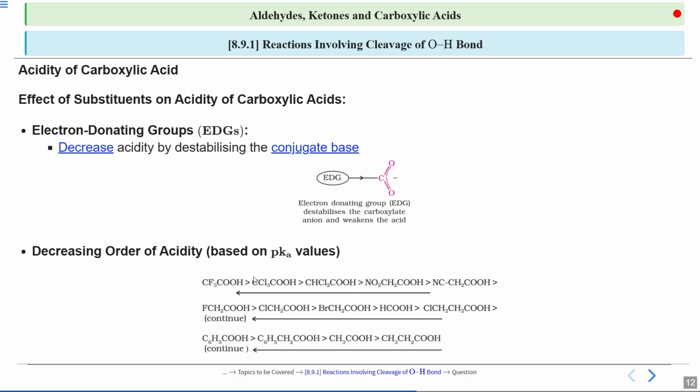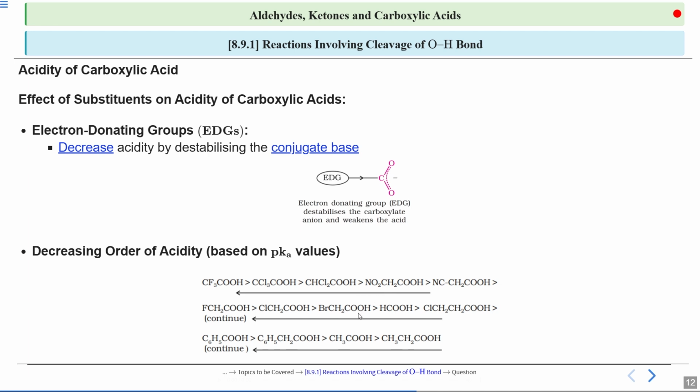Other halogen substituted acids like CCl3COOH or CHCl2COOH are stronger as compared to formic acid. The nitro and cyano groups also withdraw strongly, hence these are also strong acids.